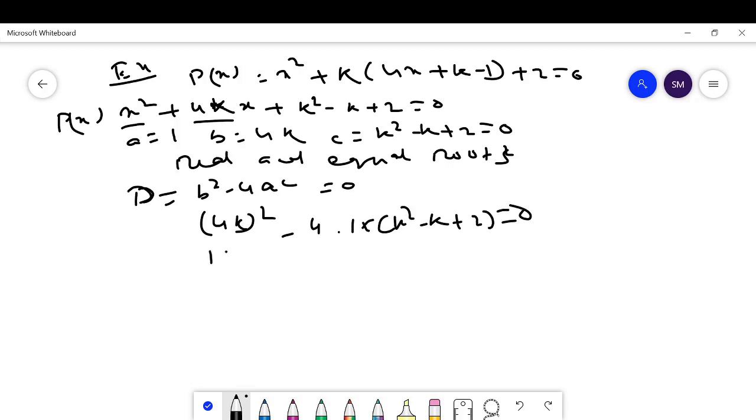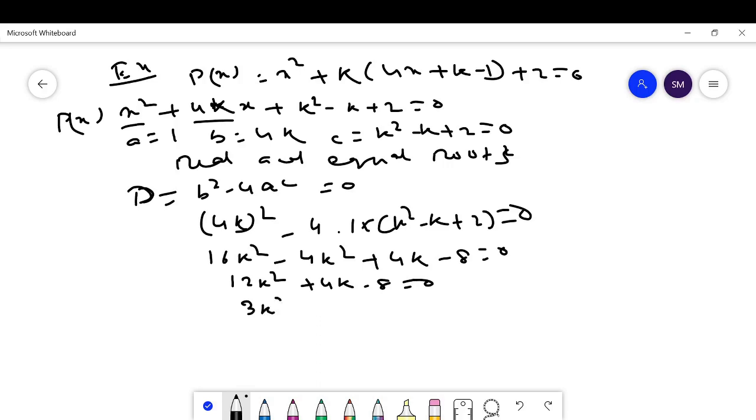Then 16k square minus 4k square plus 4k minus 8 is equal to 0. Means 12k square plus 4k minus 8 is equal to 0.